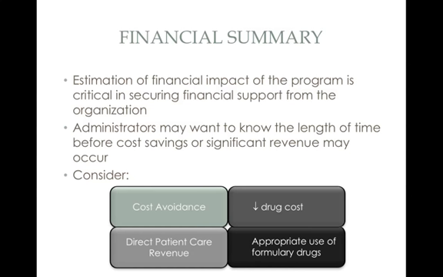Lastly, and more common for outpatient clinics than inpatient services, is direct patient care revenue, where you are paid for each visit, each lab, each immunization, medicine purchase, or other expense or service provided by the clinic. Sometimes pharmacy models may fit into more than one financial model.